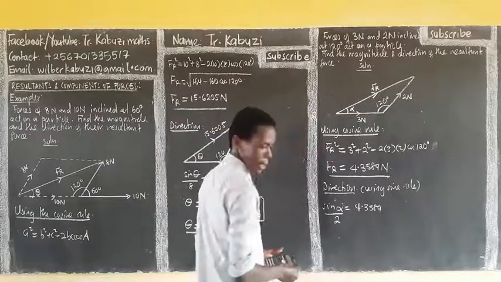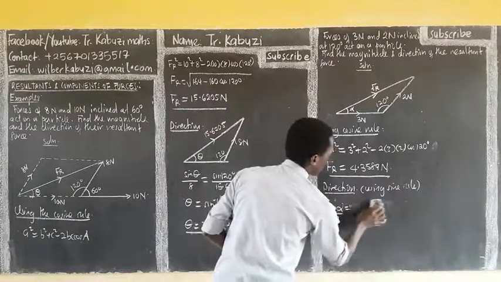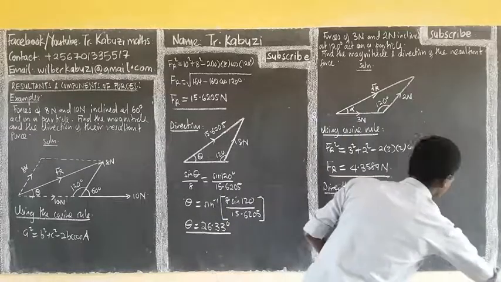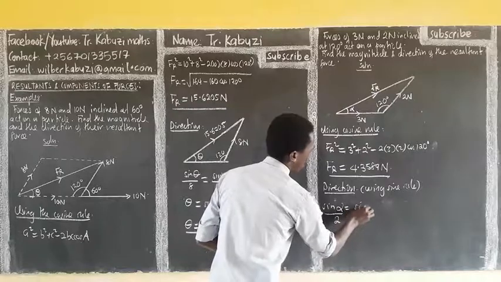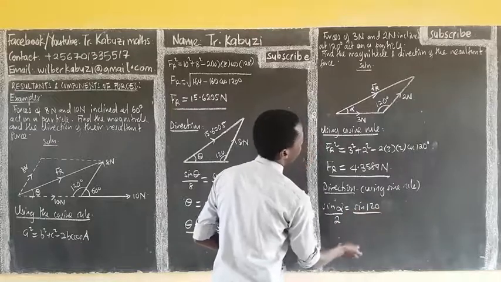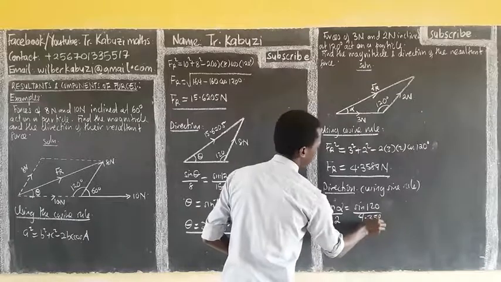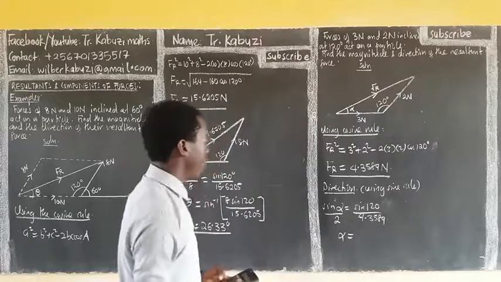No, sorry. The angle is not what I'm starting with first. The angle is sine 120 over the force 4.3589. And so here my alpha, you get the answer directly from there.